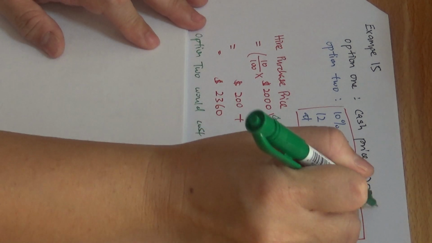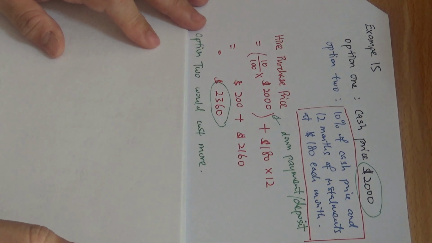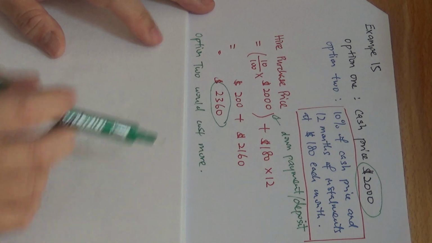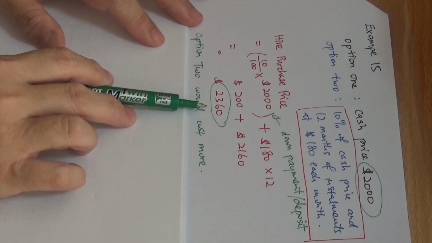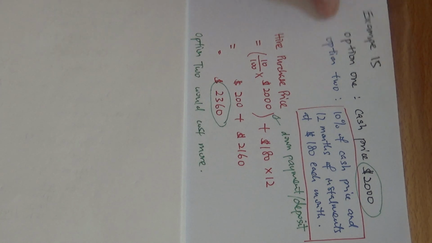Now you realize that the cash price is 2,000, the hire purchase price is 2,360. So they ask you which one will cost more. Of course, option 2 will cost more. Now bear in mind, hire purchase price is always higher or larger than the cash price, because in hire purchase, they actually charge interest.